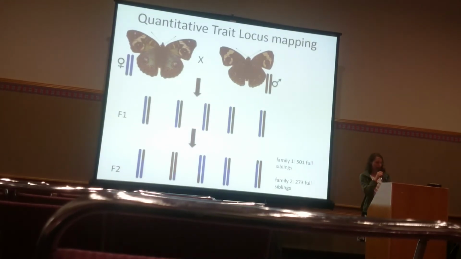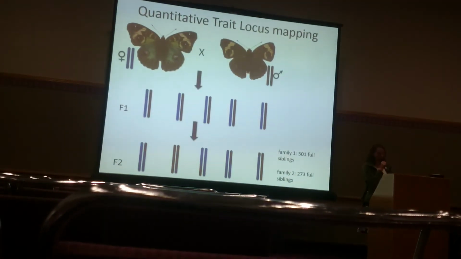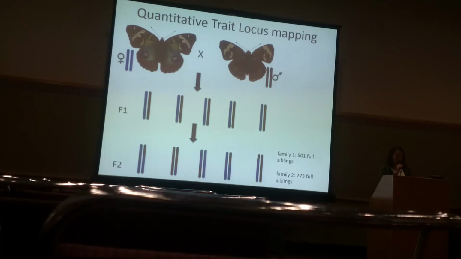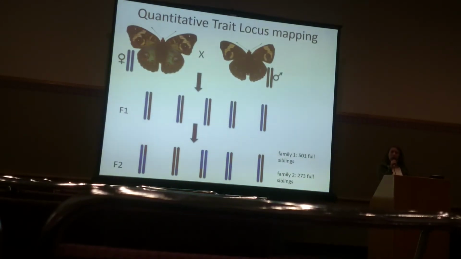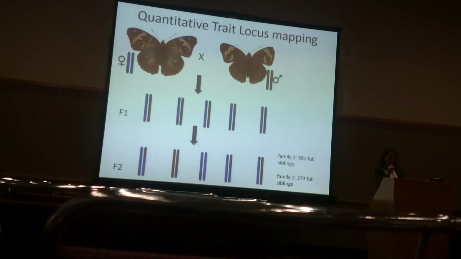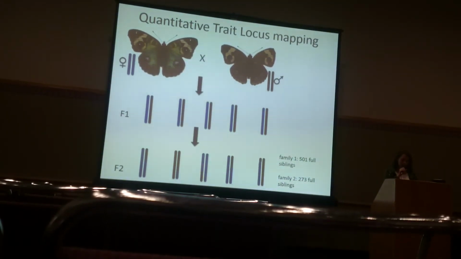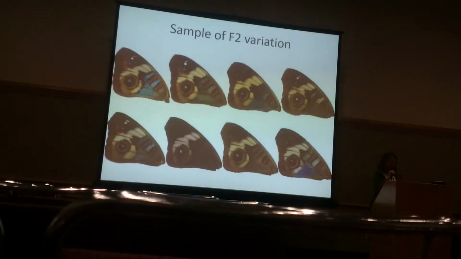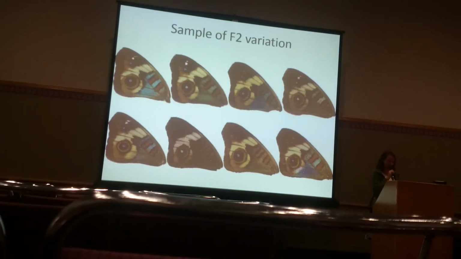Okay, so I'll talk briefly about this. This is ongoing, but I'm also interested in genetically mapping what loci control this color tool. And so this is a cross between an artificially selected blue and a brown lab line animal. Give you a quick peek at some of my F2s.